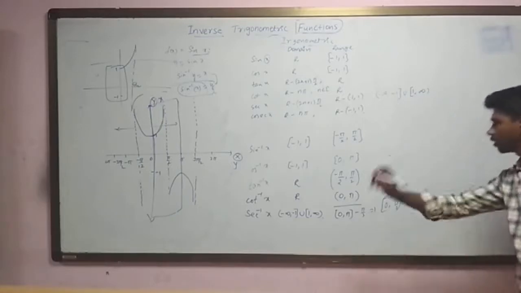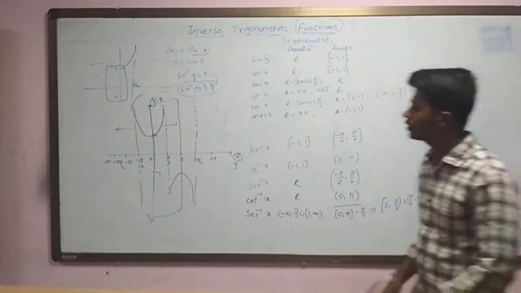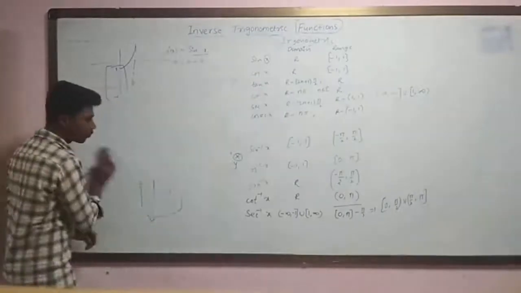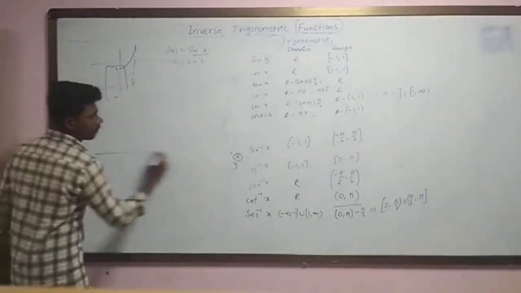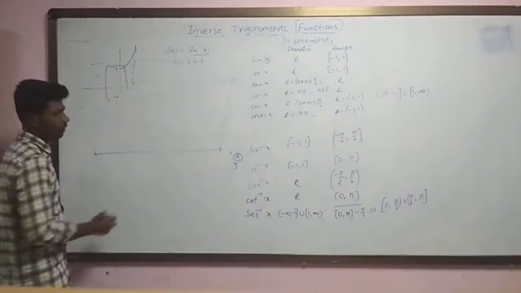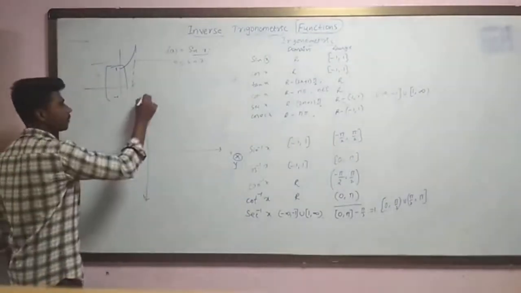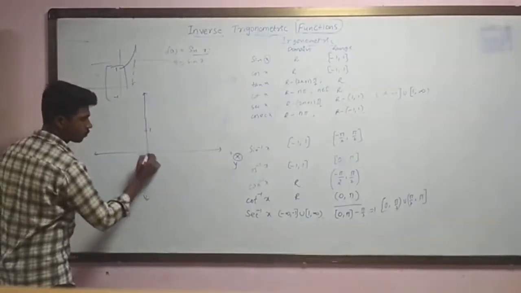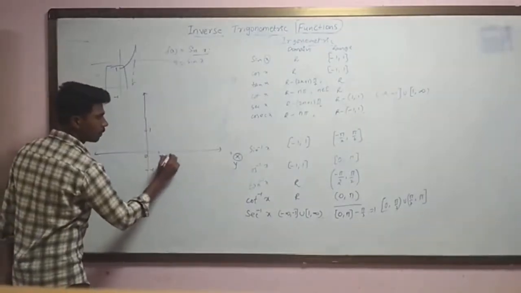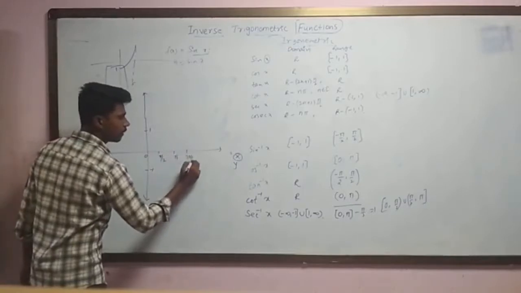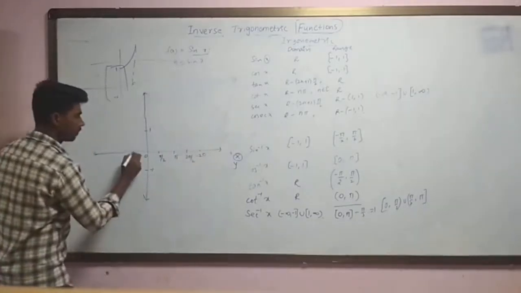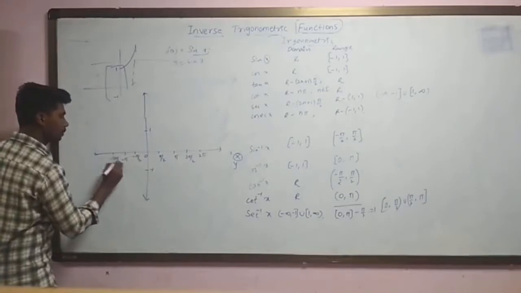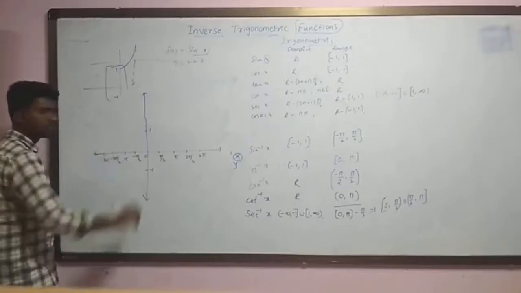The final one, cosecant inverse x. First we draw the graph of cosecant x and then we'll find its inverse. Mark 1, minus 1, 0, pi by 2, pi, 3 pi by 2, 2 pi, and minus pi by 2, minus pi, minus 3 pi by 2, minus 2 pi.